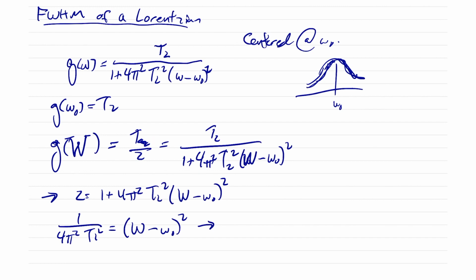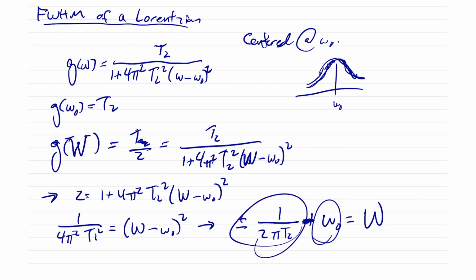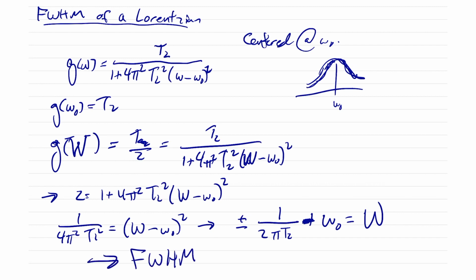And so then that gives us plus or minus 1 over 2 pi T2, and then plus w naught is equal to W. So basically you take w naught plus this and w naught minus this, and you take their difference, and then ultimately it gives you the full width half maximum centered at w naught of g to be equal to 1 over pi T2.